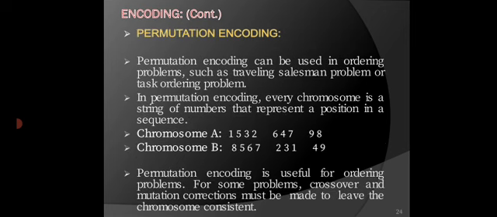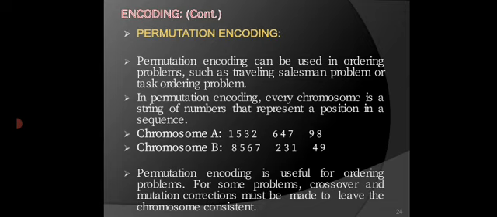Permutation encoding. Permutation encoding can be used in ordering problems such as the traveling salesman problem or task ordering problems. So depending on the problem, suitable encoding methods are selected, right? A simple mathematical problem can be encoded as binary. A real life problem can be encoded as a value or permutation.